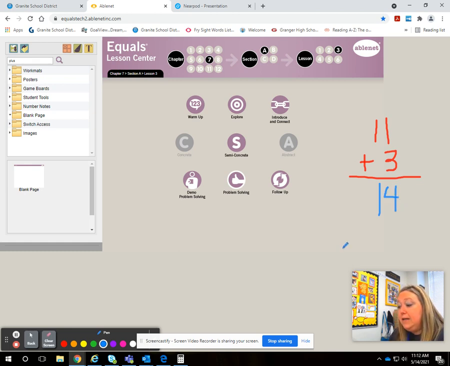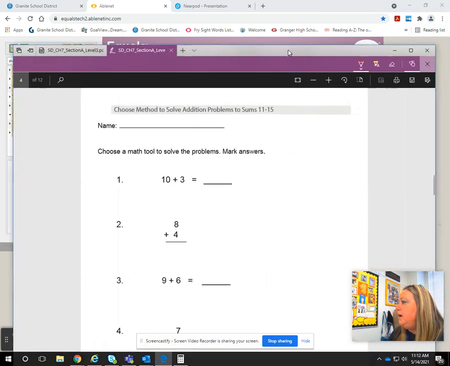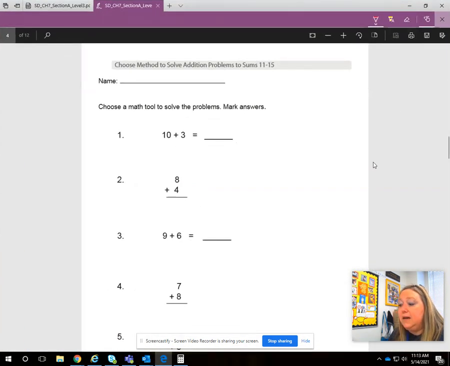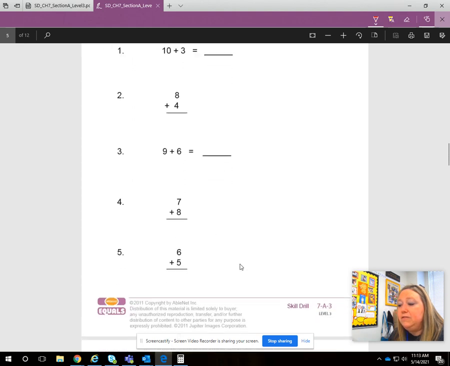Now, friends, we have some worksheets that are included on this Nearpod that it is your duty to complete. Okay, so this is what they look like. Here's number 1, 10 plus 3. We have 8 plus 4, 9 plus 6, 7 plus 8, one more, 6 plus 5.